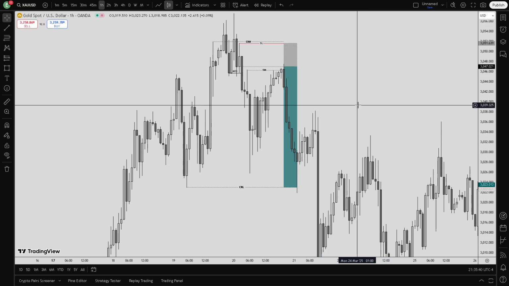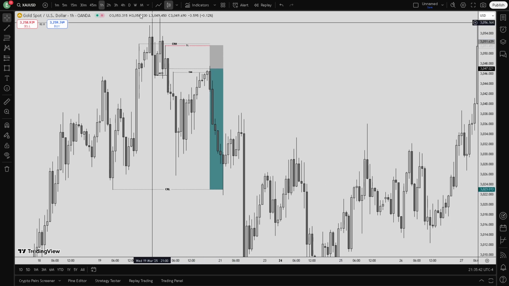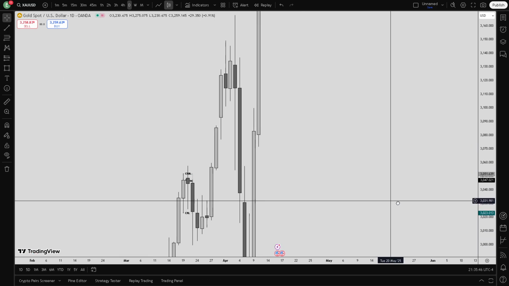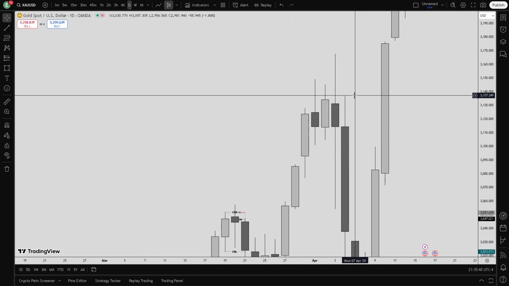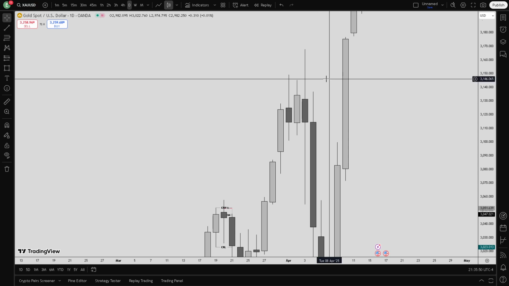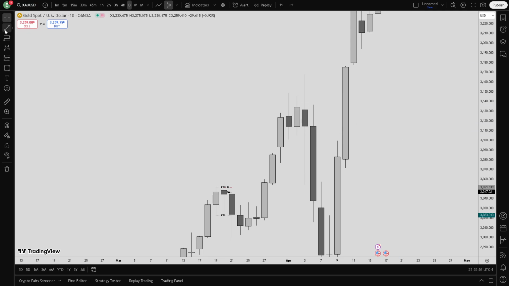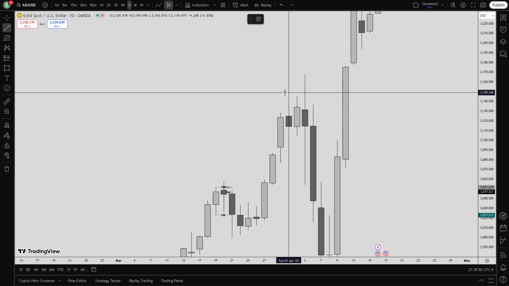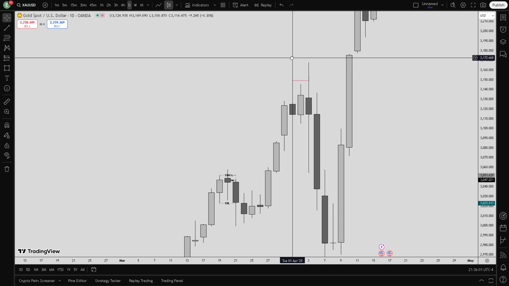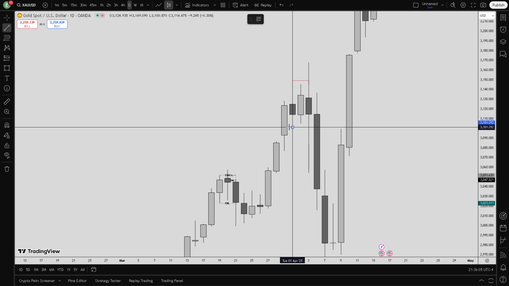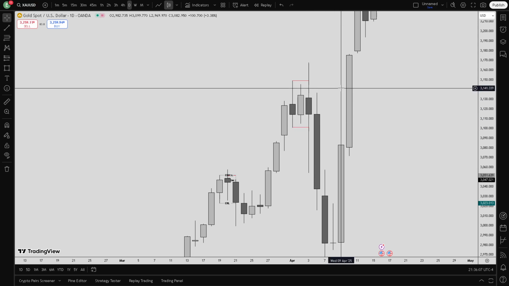So this is CRT. Let's go and check another example. Right there we do have another example. Here you guys need to know it works with the session. So let's say here for me that was like that. This is my liquidity, and basically this is my liquidity.